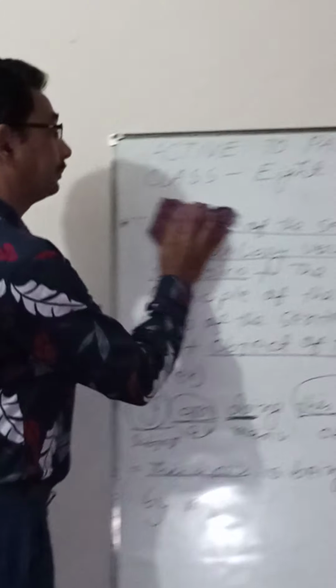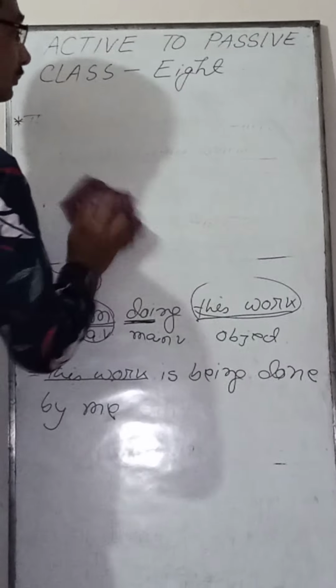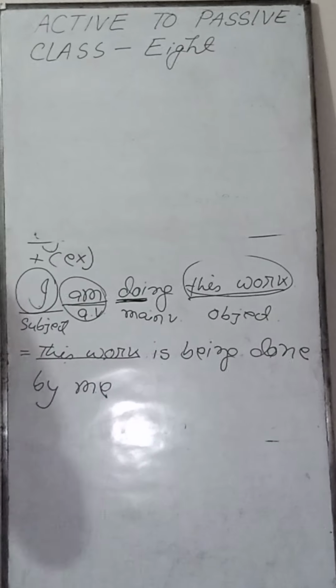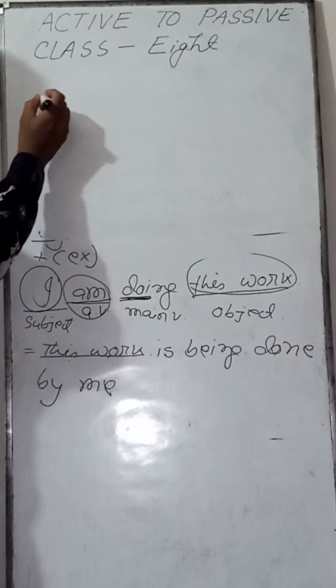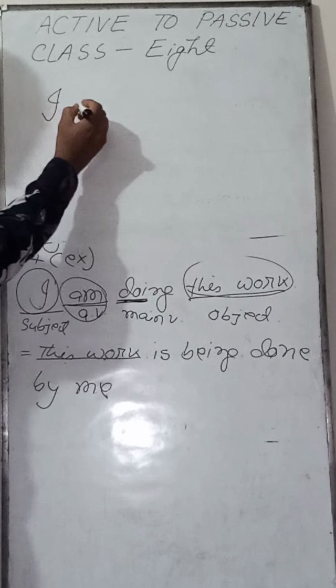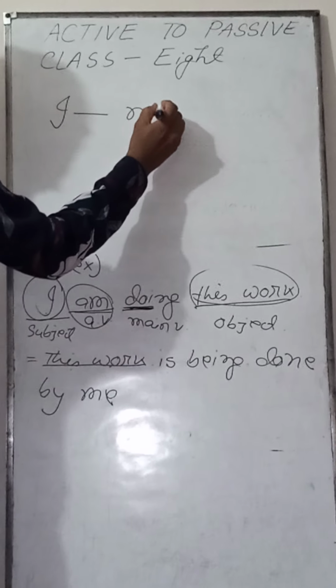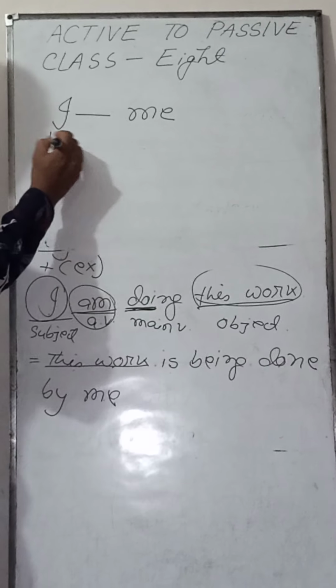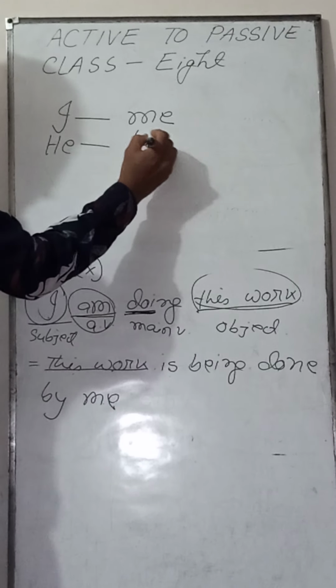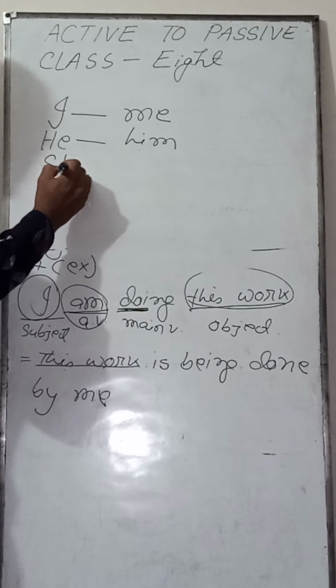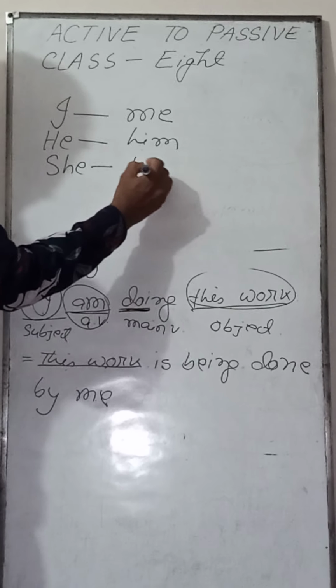Now I'm going to the board again. The object of the subject. If you find I, then you have to change it to me. If you find he, you have to write him. In case of she, you have to write her.